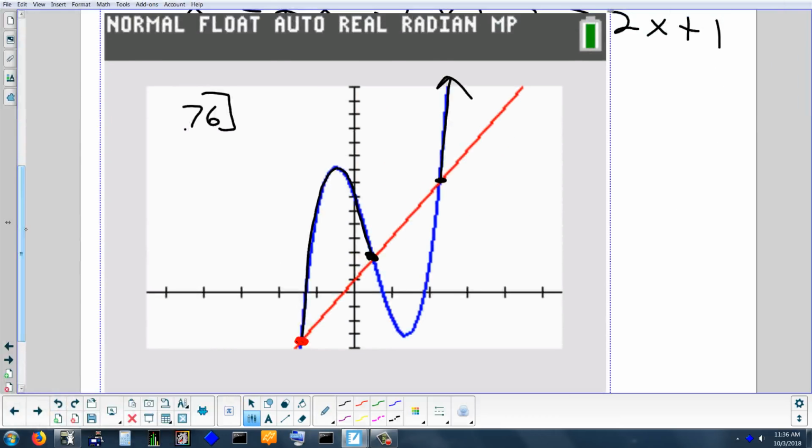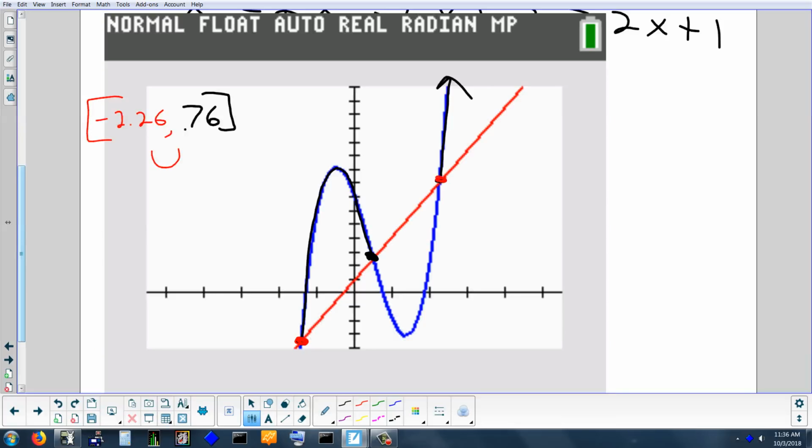Negative 2.26. I don't know if my tick marks go by ones, they must not, because negative 2 is over here. So negative 2.26. So pick anything from negative 2.26 up to 0.76, or pick anything from here on.